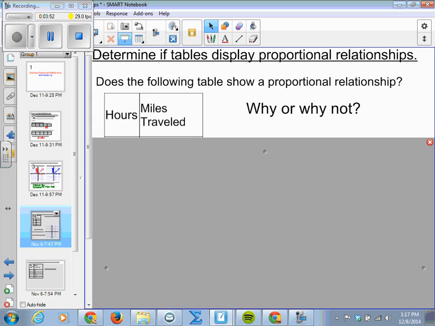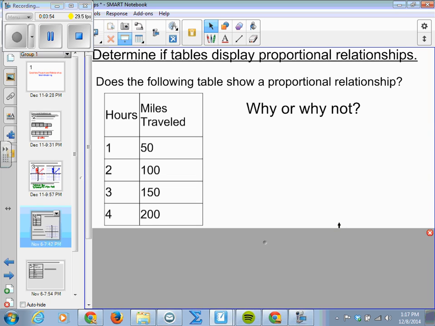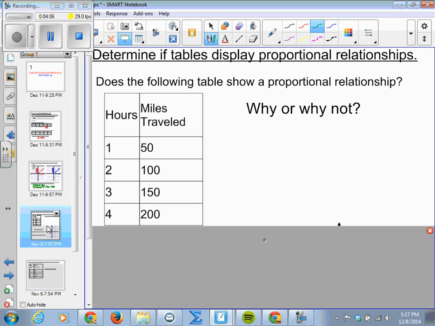So we're going to determine if these tables, these relationships, are proportions. Looking again at miles traveled over time, I think we can tell this is proportional. It's proportional because, so we'll say yes, our miles increase at a constant rate as our hours increase.